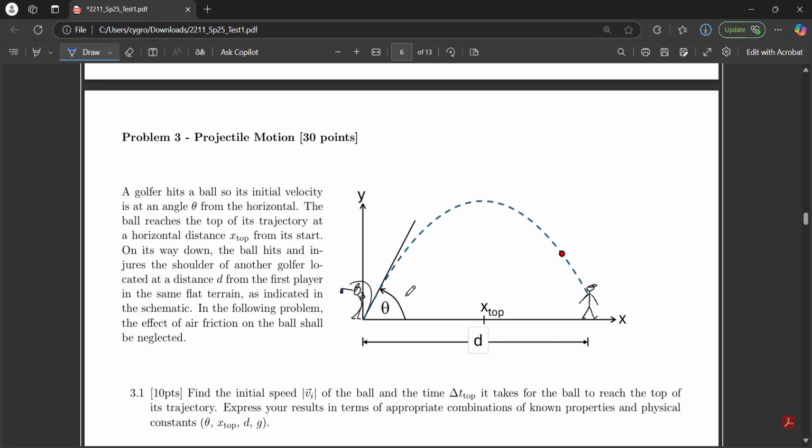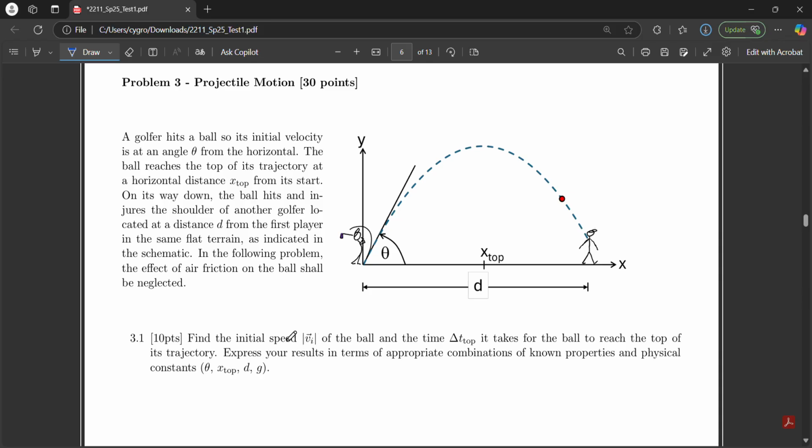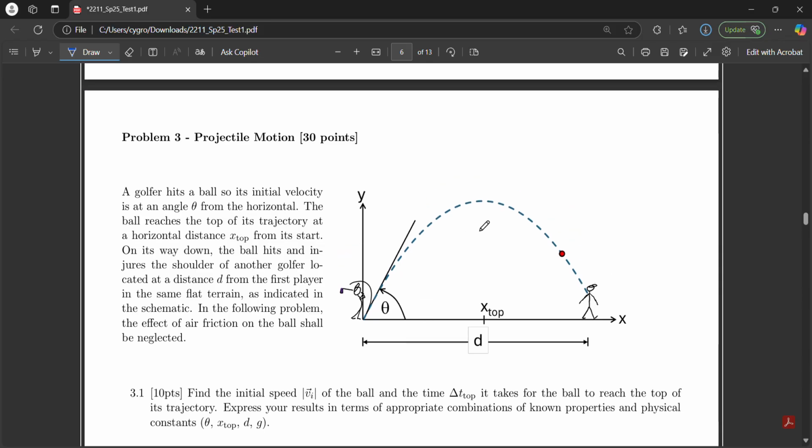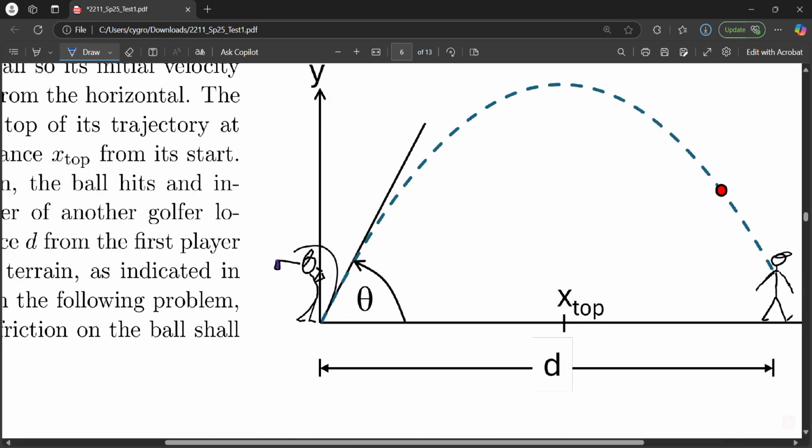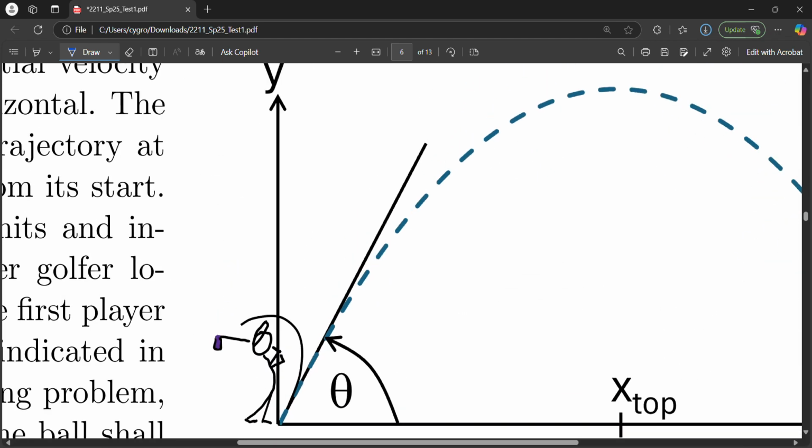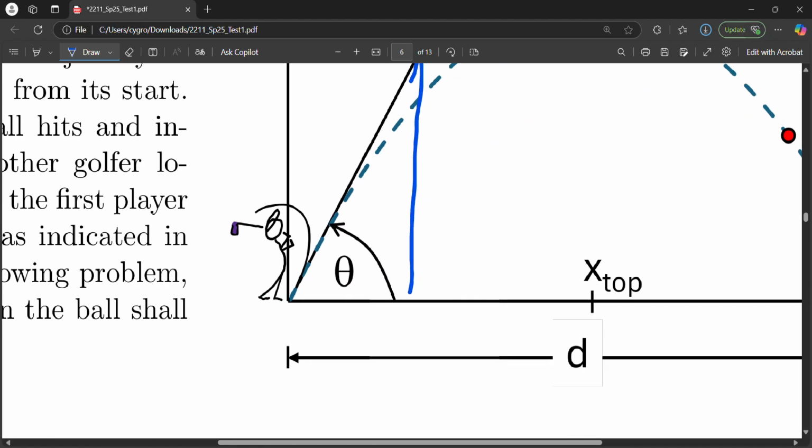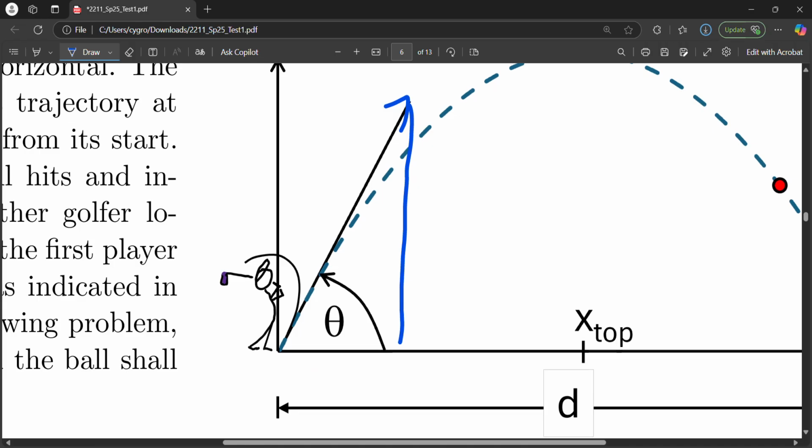So, the first thing I'm going to do is break up my initial velocity into x and y components. To do that, I'm going to draw a triangle, make sure it's a right triangle. This is going to be in the x direction, this is going to be in the y direction.